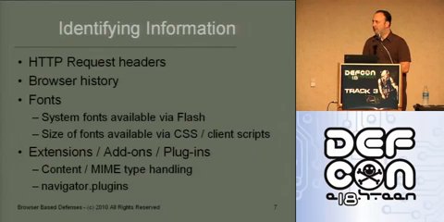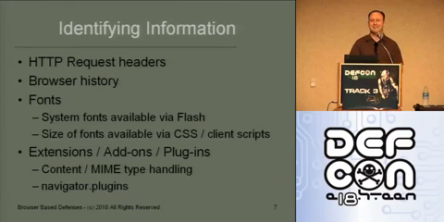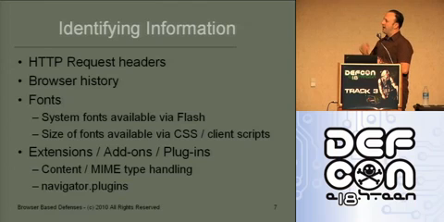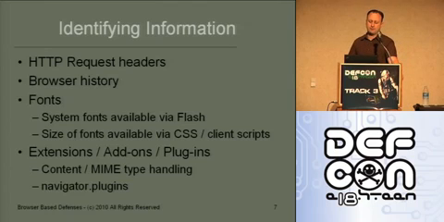So a couple of things about the fonts, for example. Fonts and plugins are the hardest part to de-anonymize, or excuse me, to re-anonymize. They're the easiest thing to de-anonymize. But there are Flash calls to pull in the system fonts as a feature, very simple.